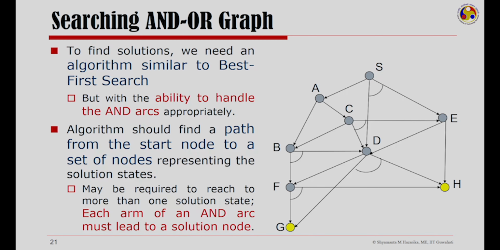Now, we should realize that this is precisely because each arm of an AND arc must lead to a solution node, and this is something we must take care of when we are writing this algorithm, that after we realize that we have expanded a node and we have reached the solution nodes, we should go back and see if the parent can be marked solved.